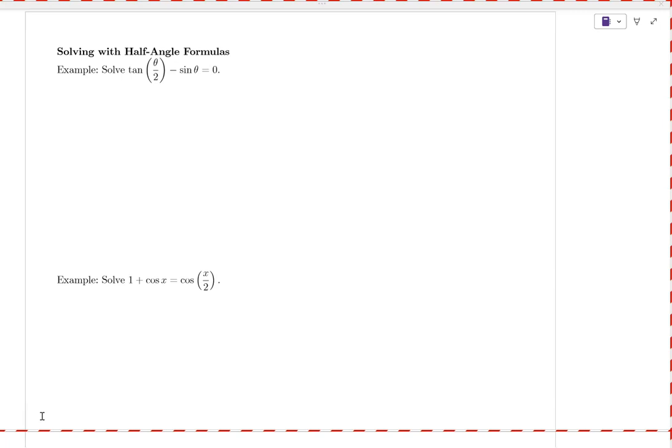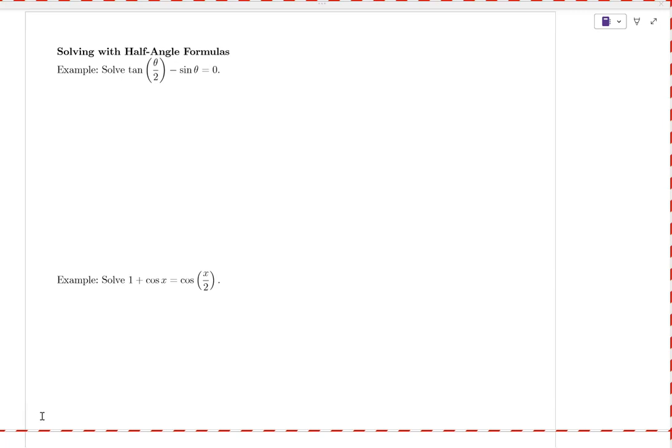So this particular example says we've got tangent of theta over 2 minus sine of theta equals 0. So again, our fundamental principle of solving these equations is, first, we don't like having arguments that are different. Right? That makes things harder. And then two, if we can, we'd like to write everything in terms of the same trig function.